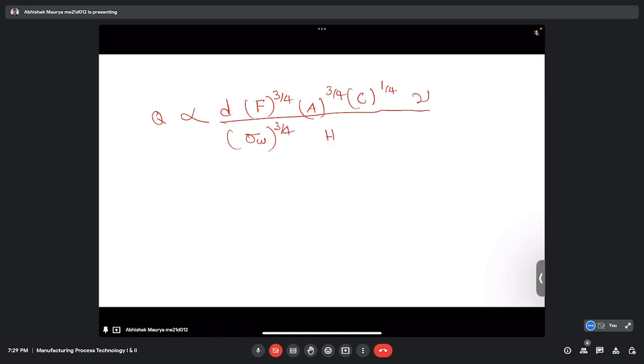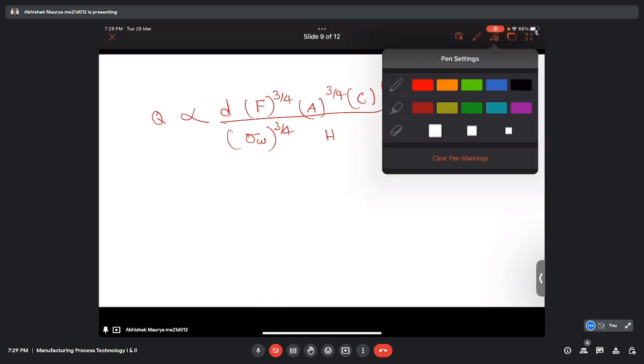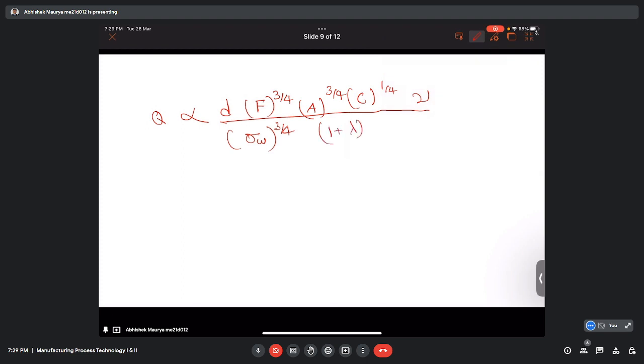This is proportional to some parameters that I am going to write, and then I will explain what these are.